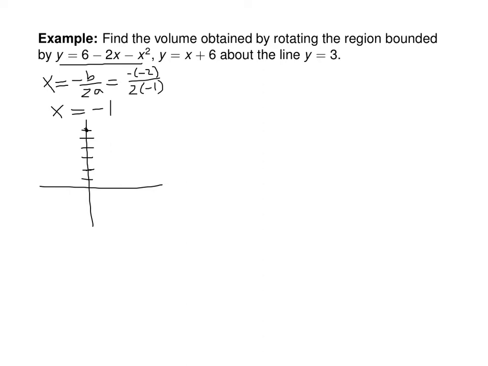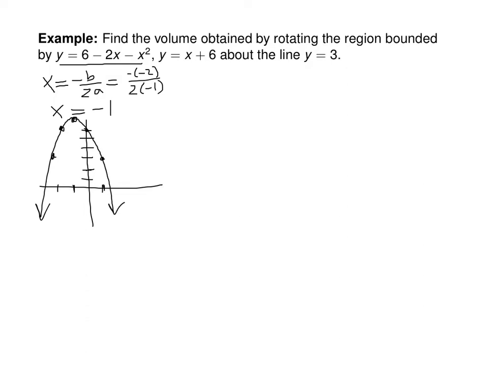When x is negative 1, if you input that into your parabola, you will get that the y value is 7. And that's your axis of symmetry to reflect. When you input 1 or negative 2, we end up with 6 minus 2 minus 1, which is 3. So roughly speaking, that's your parabola.